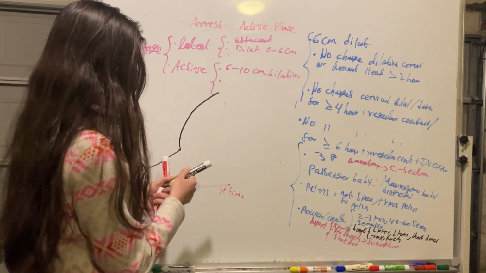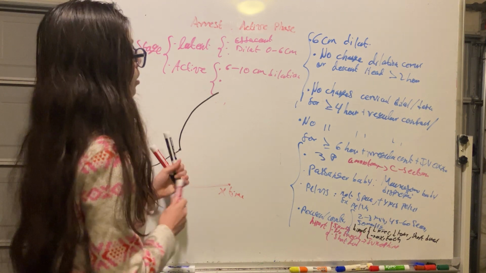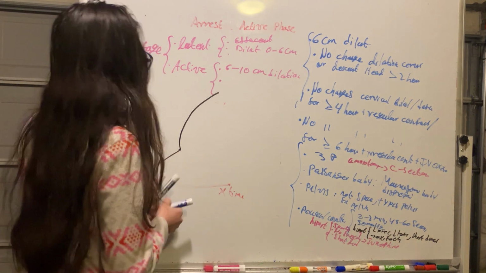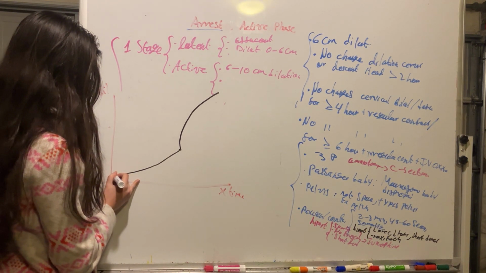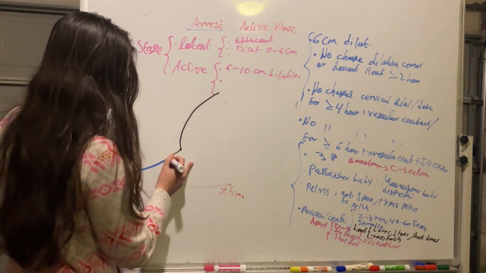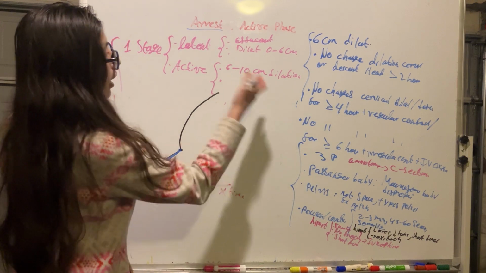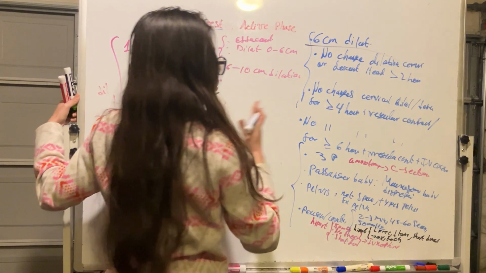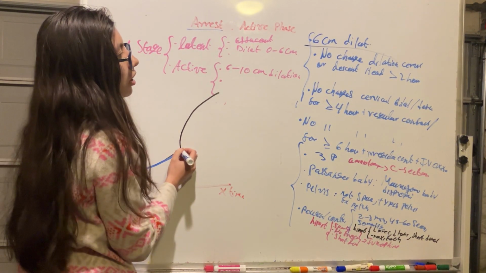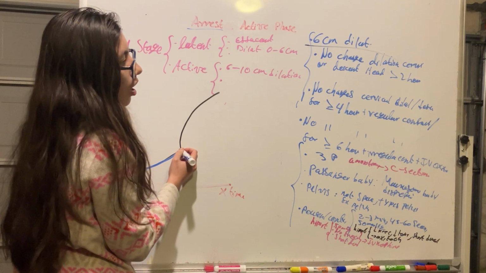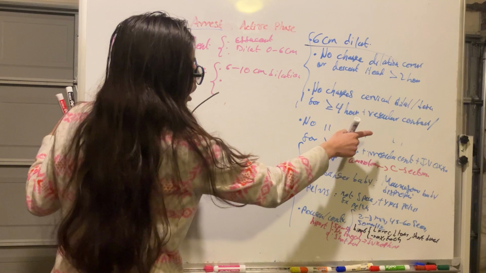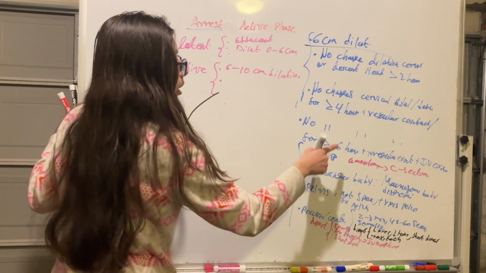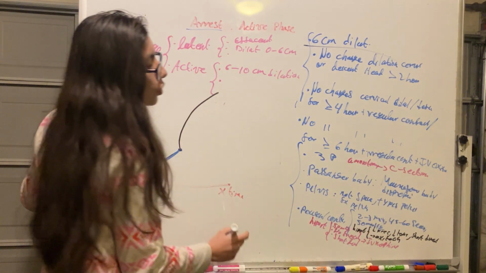But here we have an arrest of the active phase. The latent phase has so far been good, so the latent phase is the same. Then we arrive to the active phase, dilation of more than 6 centimeters, and we have no changes for more than 4 hours with irregular contractions, or more than 6 hours with irregular contractions and IV oxytocin.